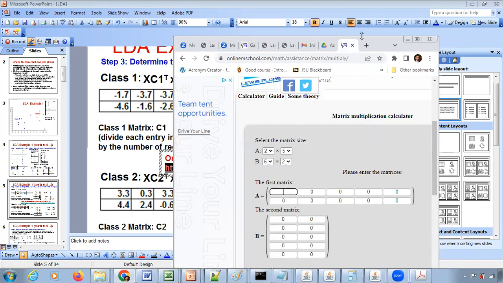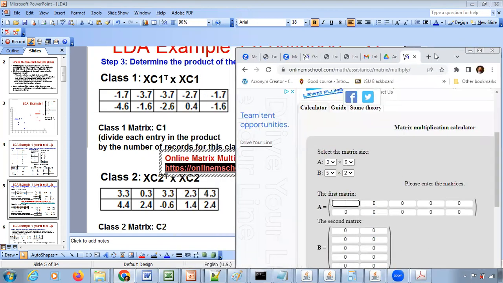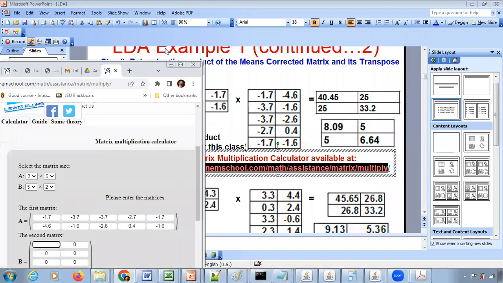And now you can enter your values. For the first matrix: negative 1.7, then negative 3.7, then negative 3.7 again, negative 2.7, negative 1.7. Then it is negative 4.6, negative 1.6, negative 2.6, 0.4, negative 1.6. For the second matrix, this is the original one.